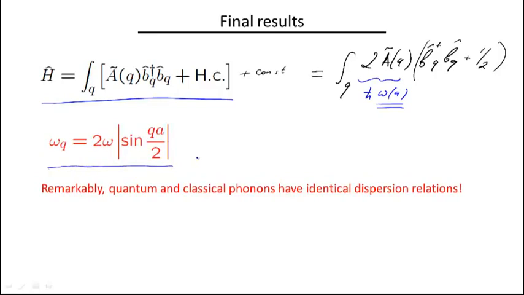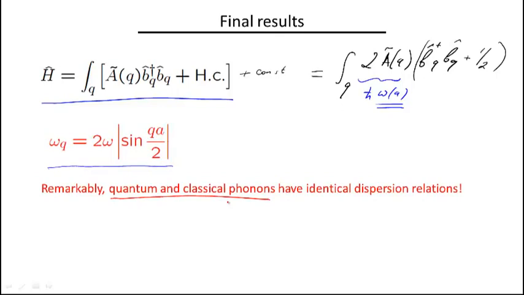If you go back to the problem that we solved earlier today, namely the classical problem, it was slightly more complicated in the sense that it involved two types of atoms. But if we had just one type of atom, this is the result which we would have got. So an important conclusion of this discovery that quantum and classical phonons turn out to be exactly the same is the following.